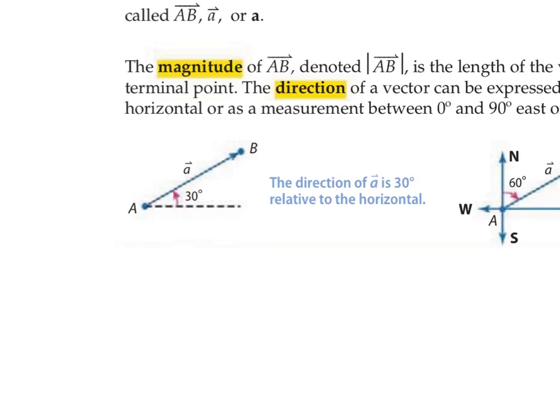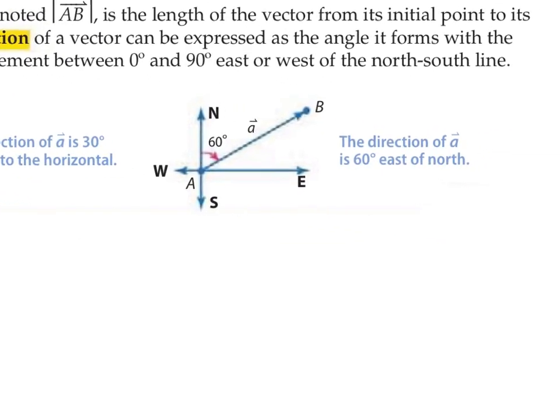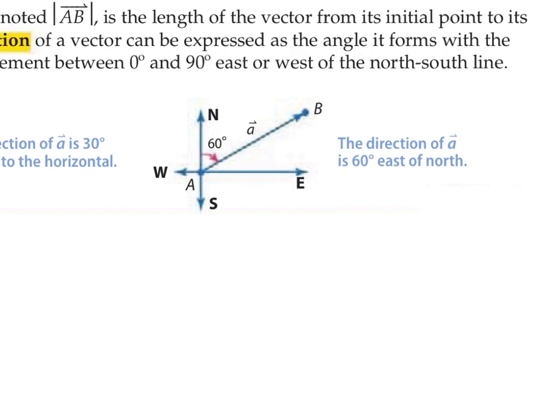You could say 30 degrees relative to the horizontal line. There's one more way that you can also measure direction. It's still using degrees, but instead of marking it in proportion to the horizontal line, you're going to use the vertical line, and we're going to call it the north-south line. So you could say the direction of vector A is 60 degrees east of north. If the vector was just straight north, it would just go from the origin all the way up to the end. That would be a vector going straight north.